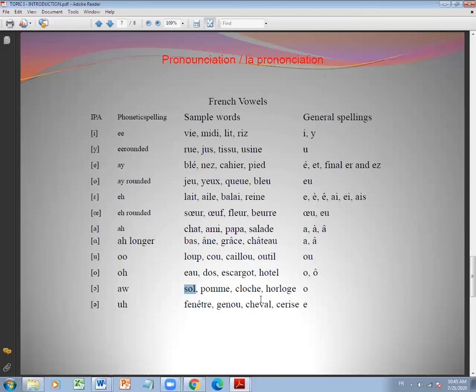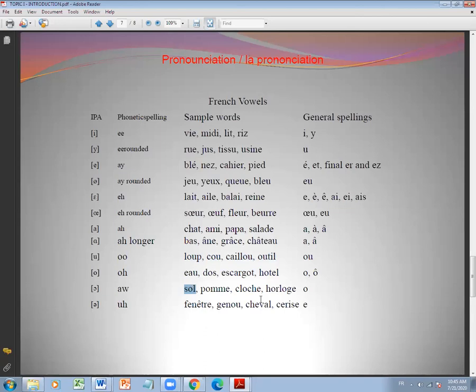In the big cities, they normally have clocks to tell time. That is called horloge, but the cloche is the bell. Pom is apple. Then soul is the ground, like the floor. So that's what you call the soul.